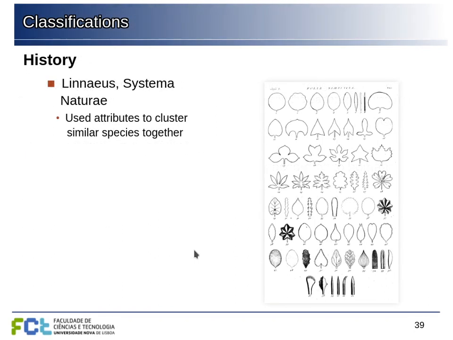Then, with a more systematic approach, it was found that there was some hierarchy in this clustering. There were species that were similar in genera, and then we could group them together in broader classes and so on, and create a sort of hierarchical organization of these organisms.